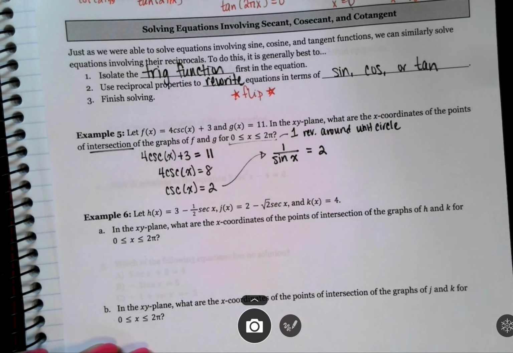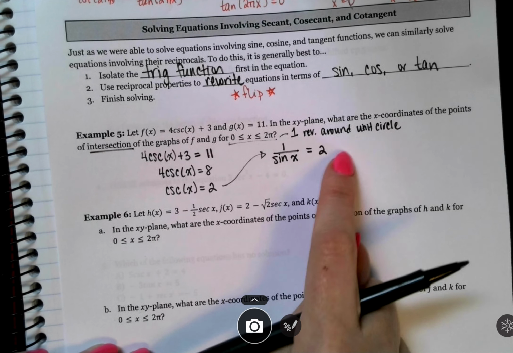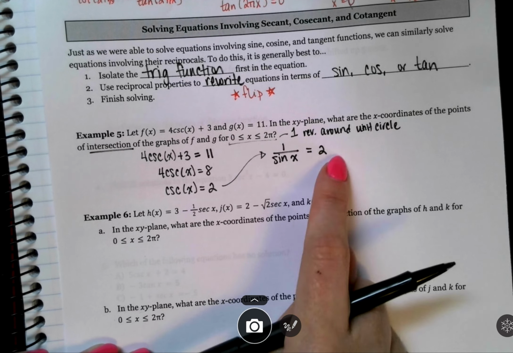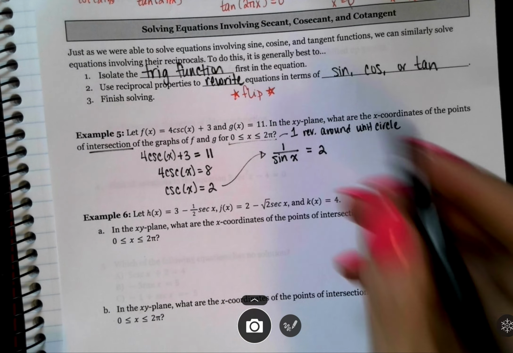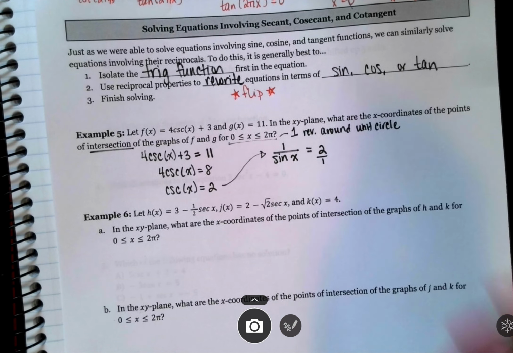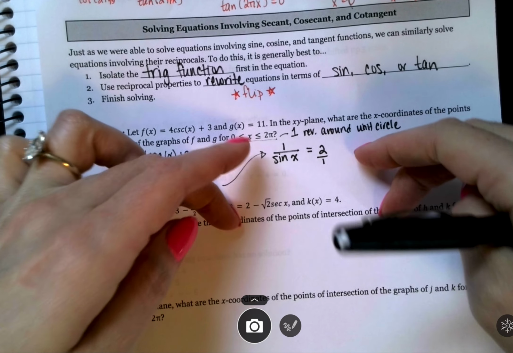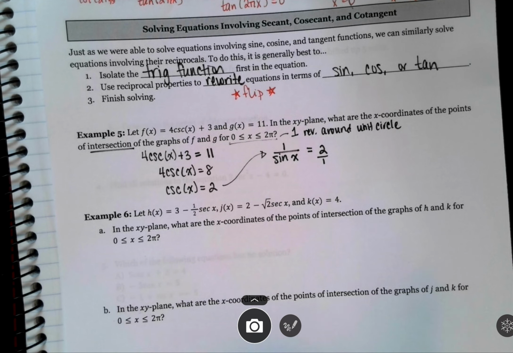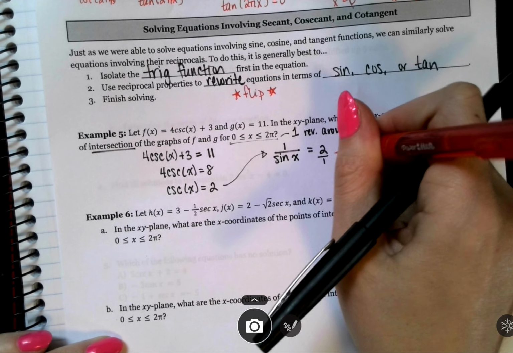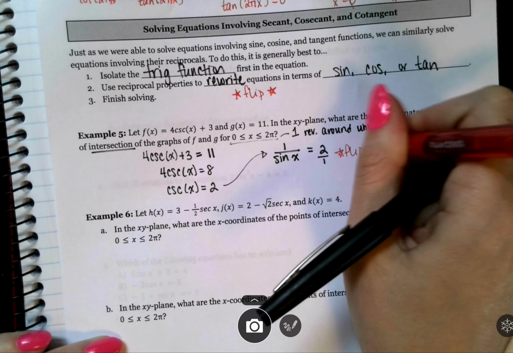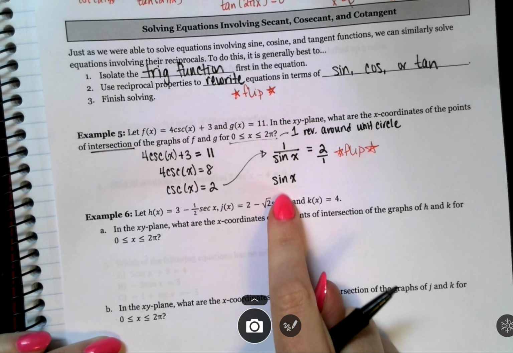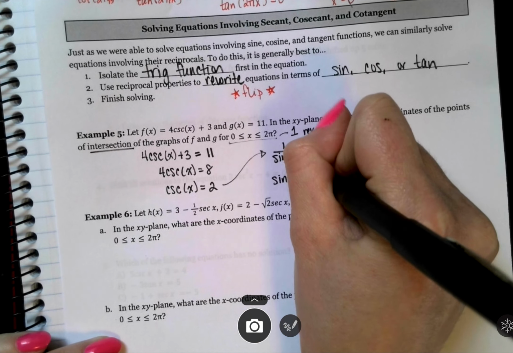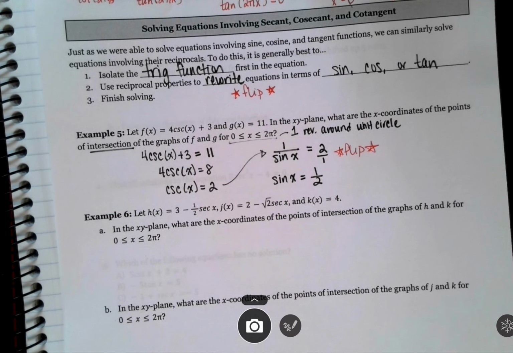So technically what I could do is multiply both sides by sine of x to get it out of here and then divide by 2. Or I know that 2 is technically 2 over 1 and I can do the reciprocal of both sides and flip it. So I'm going to flip both sides here, which means I'm going to have sine of x over 1 is equal to 1/2.